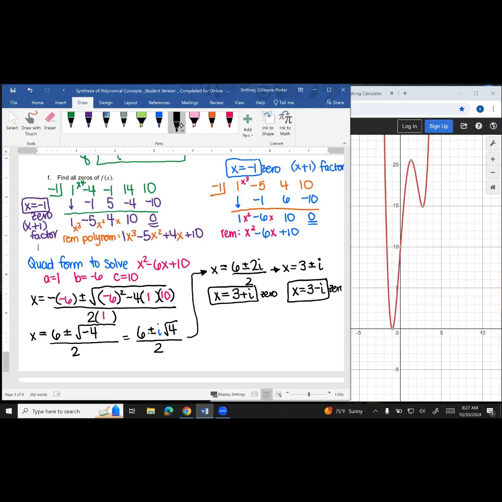If you're wondering about the factors, we would subtract both the 3 and the i over to the left-hand side. So we would have x minus 3 minus i as our first factor, and then x minus 3 plus i as our second factor with the imaginary numbers.